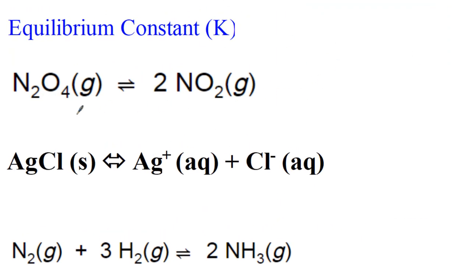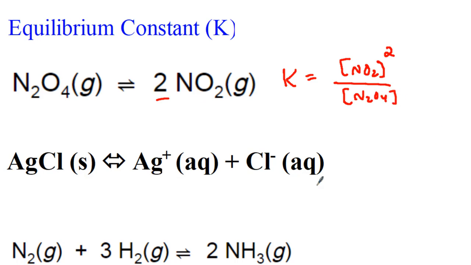So here we have N2O4 gas in equilibrium with 2NO2 gas. What are we going to do? Our K expression is going to have our products on the top, NO2, and that 2 becomes squared, divided by our reactant N2O4, and that's only one of them. That is my equilibrium constant. Now here you can see the next one.